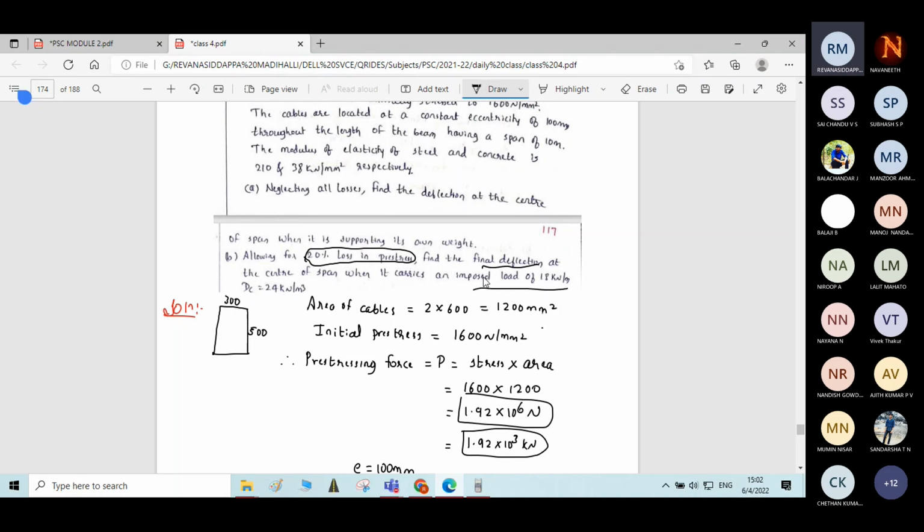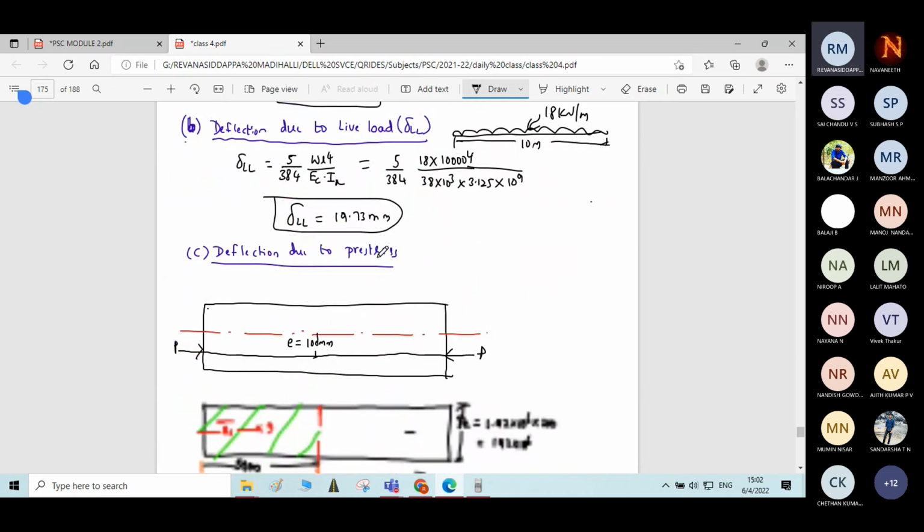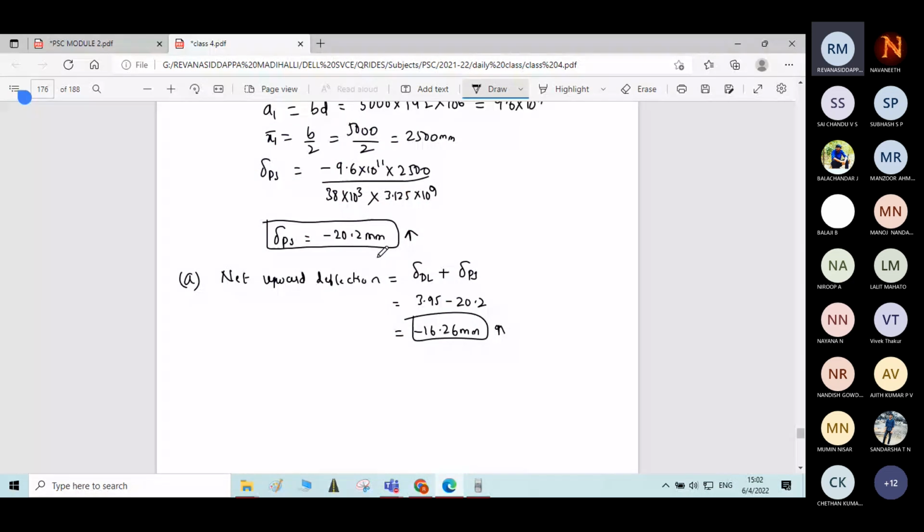So here two things are added. First, 20% loss is there in the pre-stressing force, and second, there is a live load of 18 kN per meter. Considering these two factors, we have to calculate the deflection. You have to find deflection due to prestress considering 20% loss of prestress.